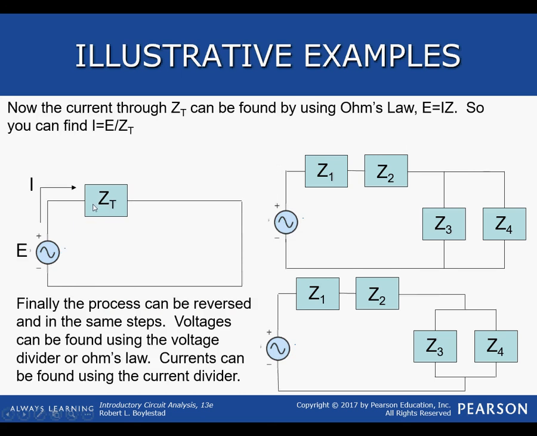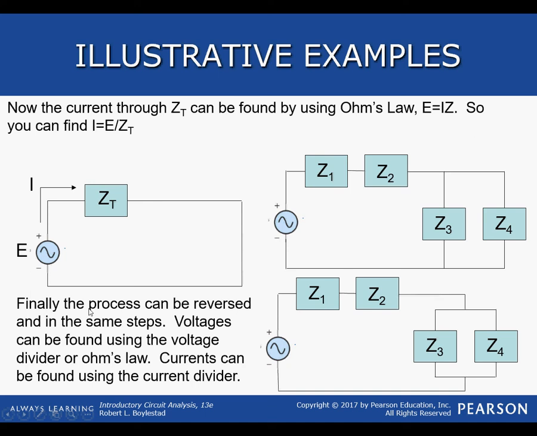So then you find ZT, and again, all these operations need to be done in complex number form on your calculator. Once you find ZT, using Ohm's law, you can find the current going through ZT by taking E divided by ZT.